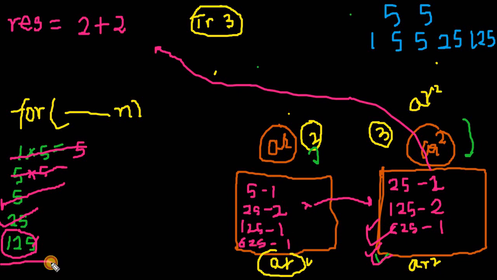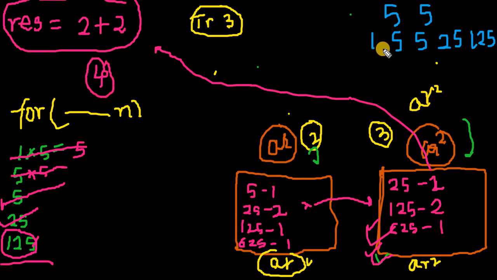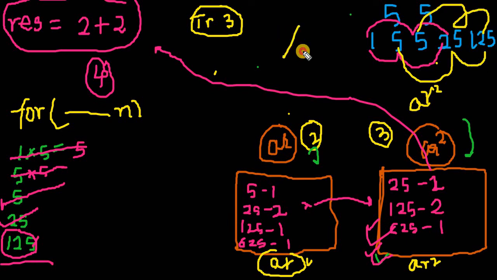Okay, after this we have no elements to transfer, so the given result will be the result which we are looking for. So this makes 4, and the number of total triplets we can make from this is also 4. So it could be 1 5 25, or this 1 5 25, or it could be 5 25 125, or this. Okay, so these are the 4 triplets.